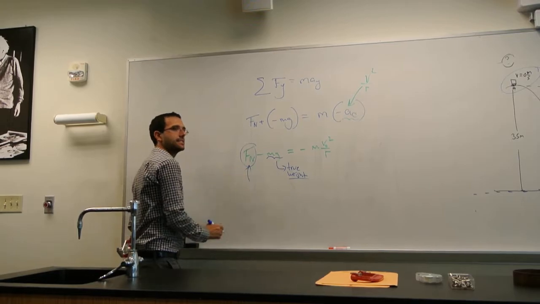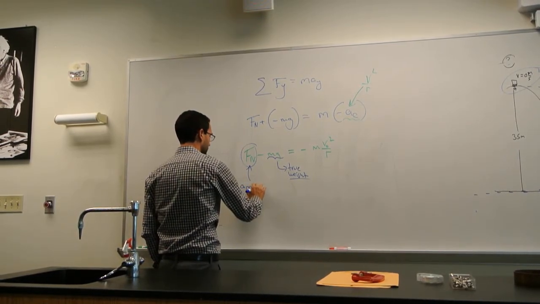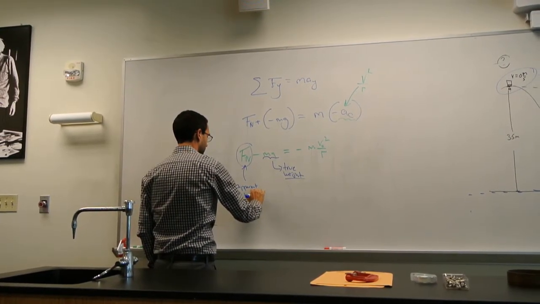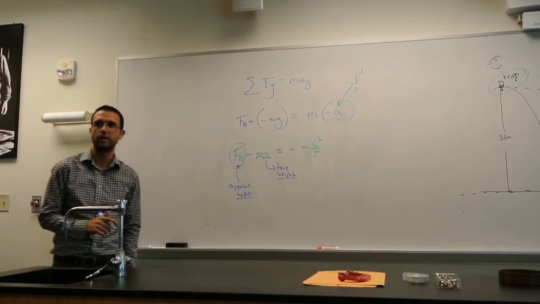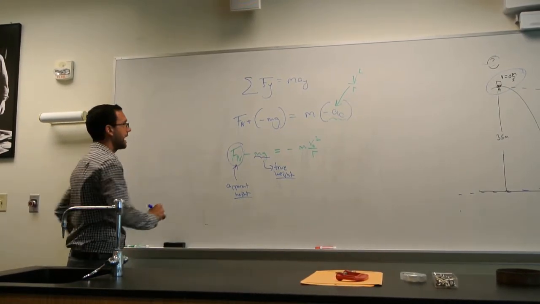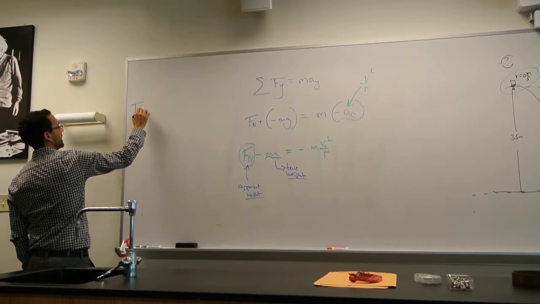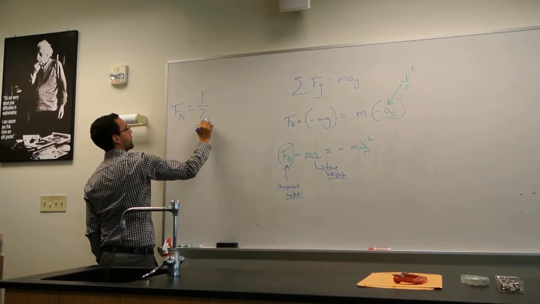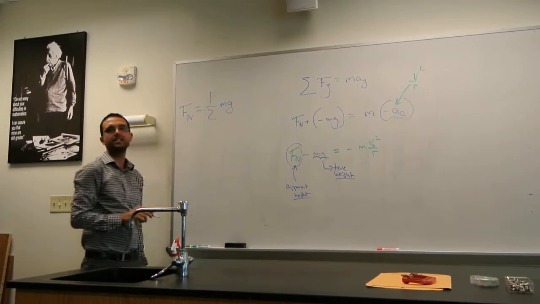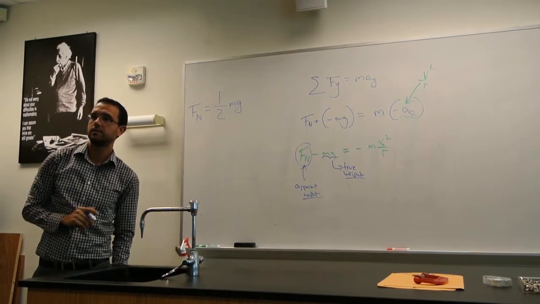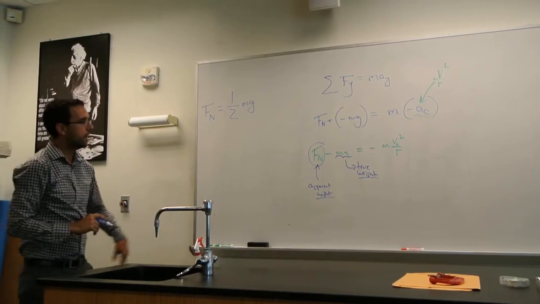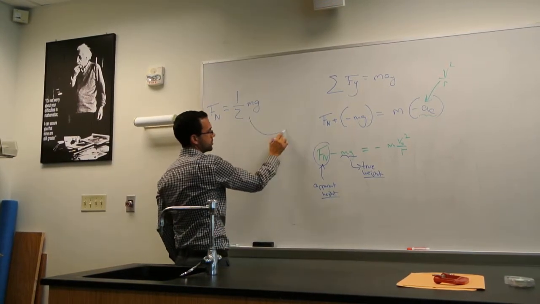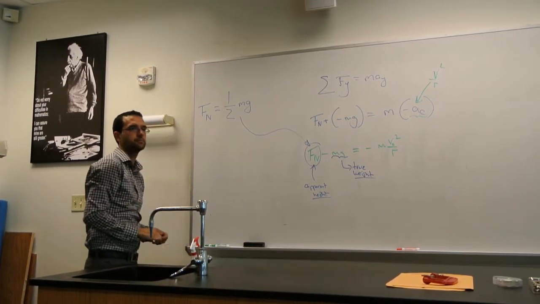And Fn is called the apparent weight, or is synonymous with apparent weight. So if it says that the apparent weight of the person is half of their true weight, does everybody agree that they're telling you in words that Fn is equal to 1/2 mg? Does everybody agree? So I'm going to substitute this guy in here.